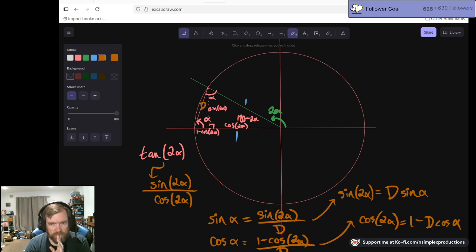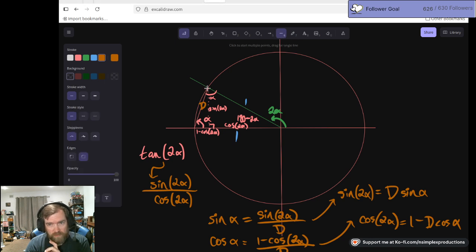Or, and hear me out, this is going to create the same right triangle here.